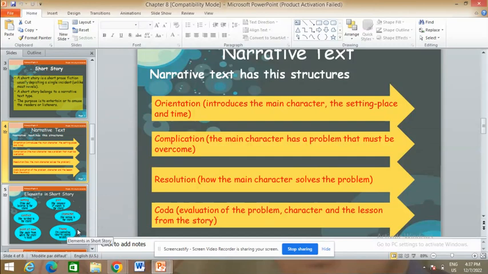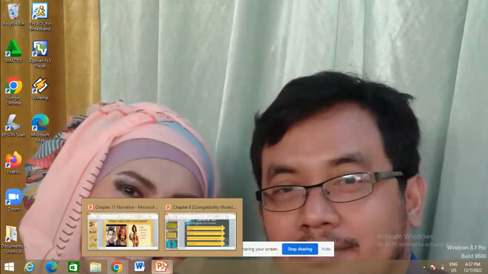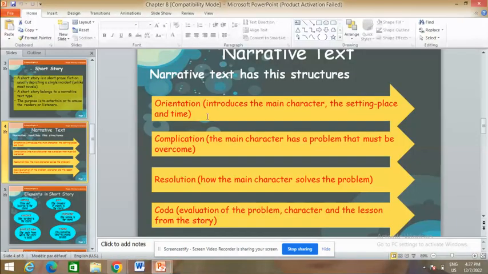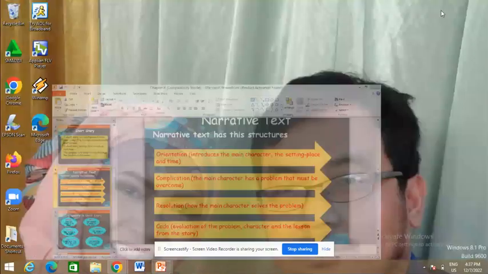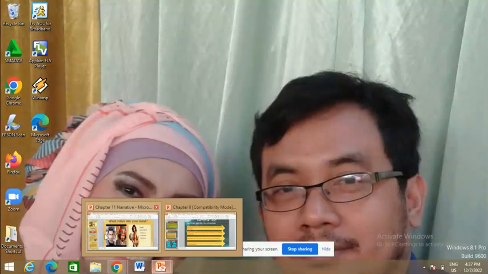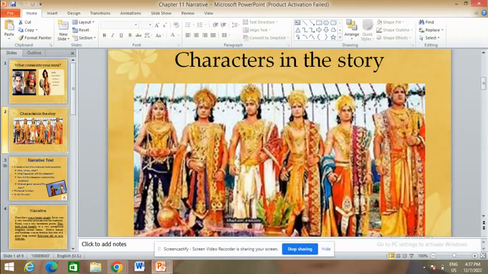That's the structures of narrative text. Okay, let's see these characters. There are five characters here. Do you know what this story is about?